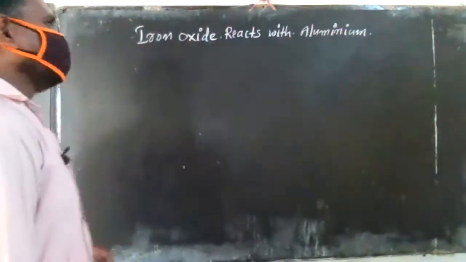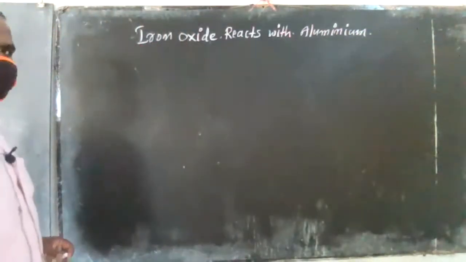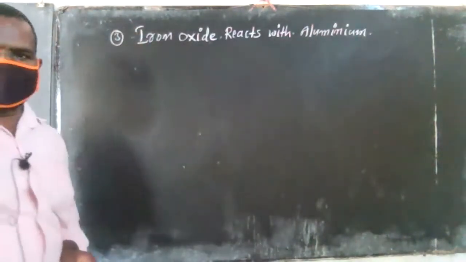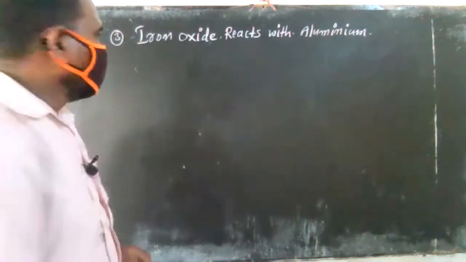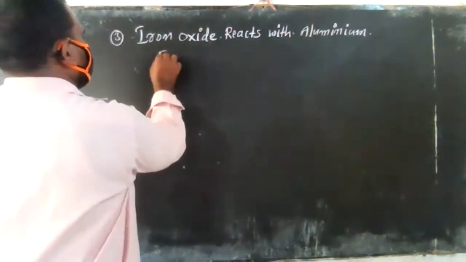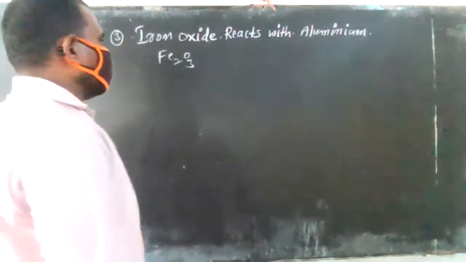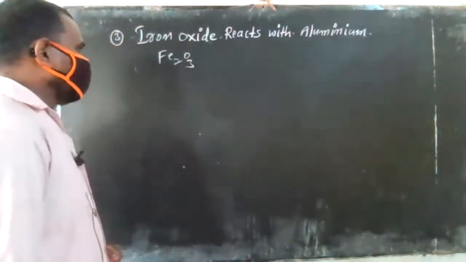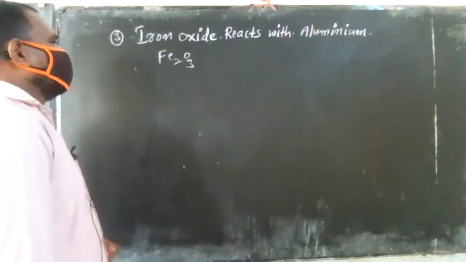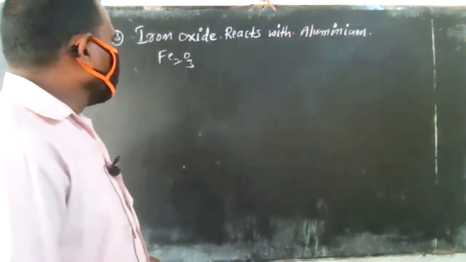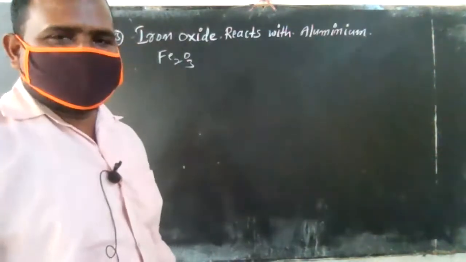This is the third example in our textbook. Iron oxide has the chemical formula Fe2O3. What is the chemical name? Ferric oxide, already discussed.